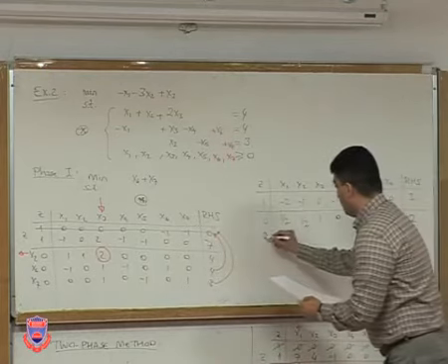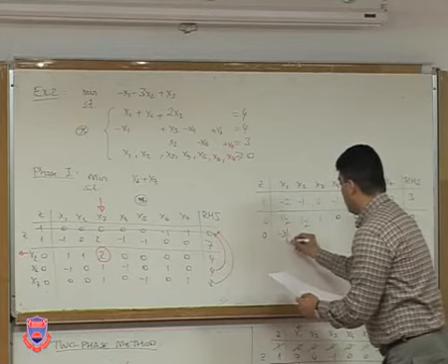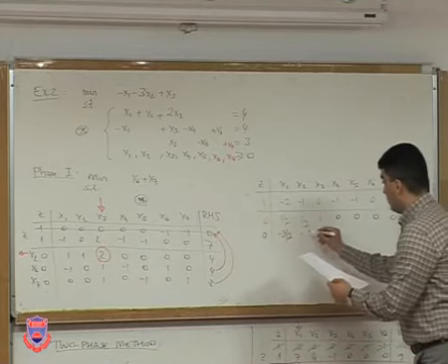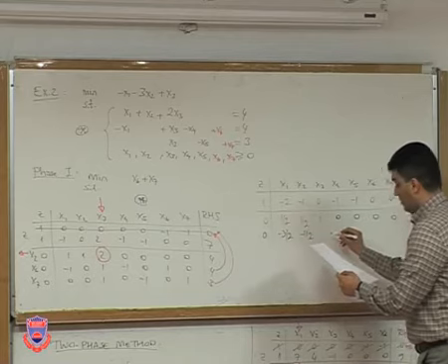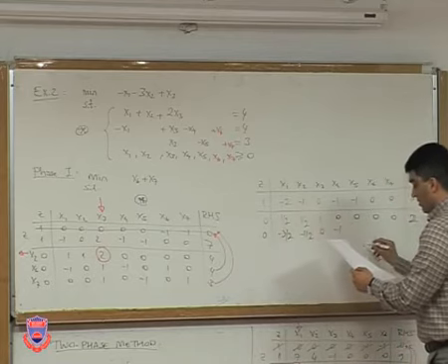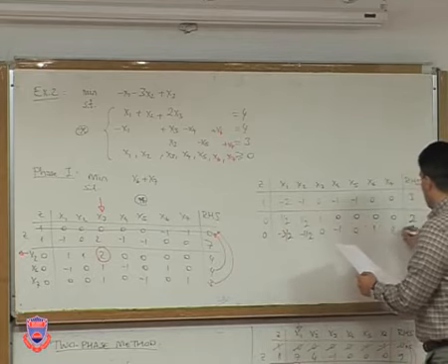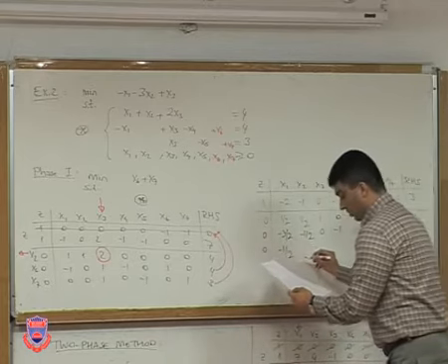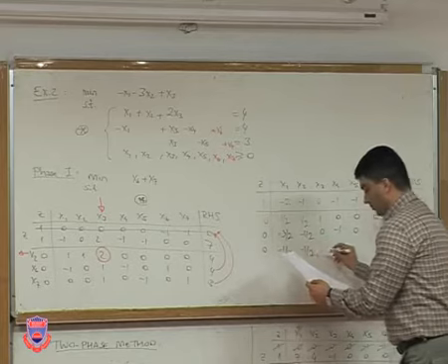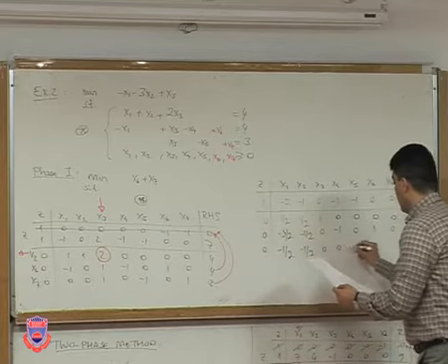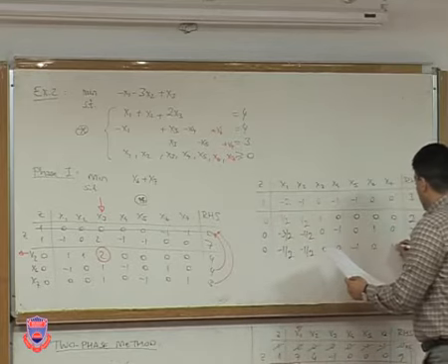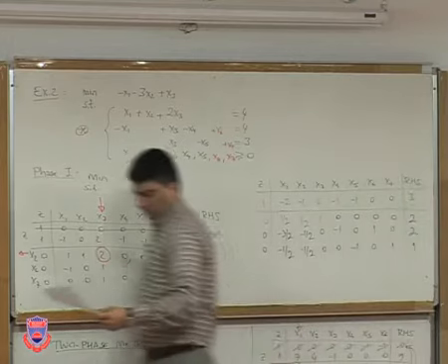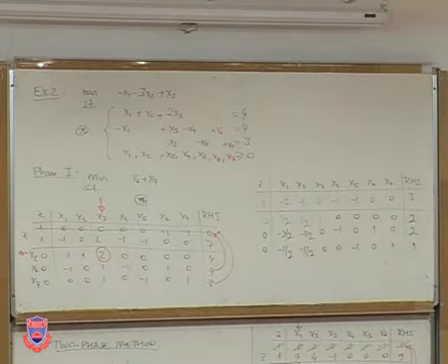Then I have 0, minus 3 over 2, minus 1 over 2, 0, minus 1, 0, 1, 0, 2. And finally, I have 0, minus 1 over 2, minus 1 over 2, 0, 0, minus 1, 0, 1, 1. So this is my next basic feasible solution for the phase 1 problem still, okay?